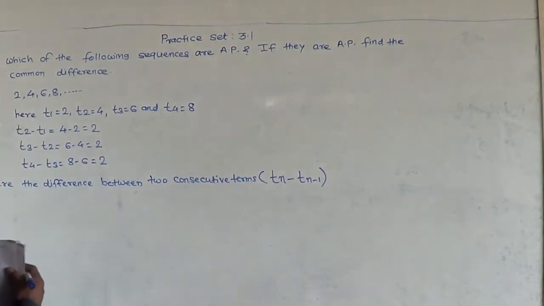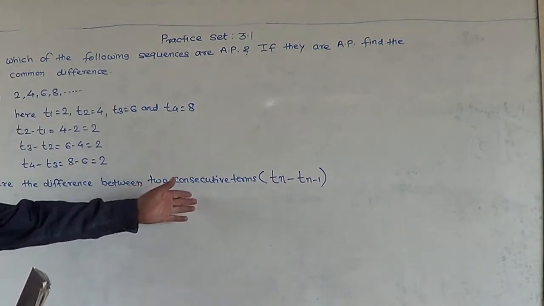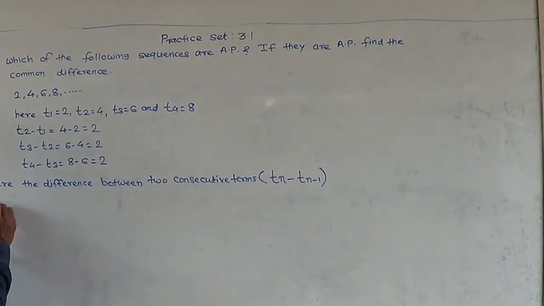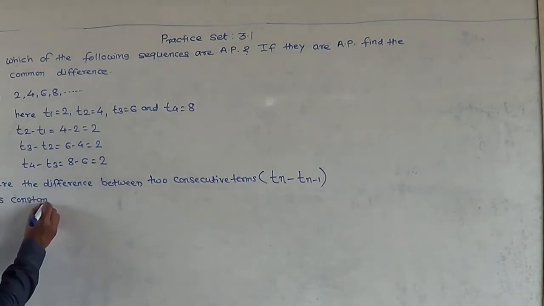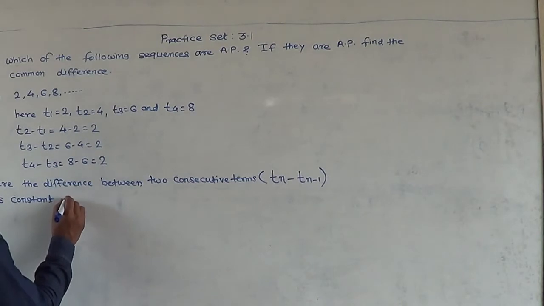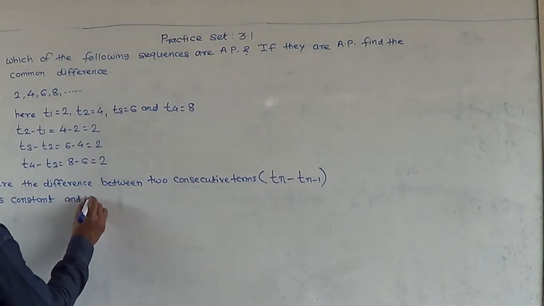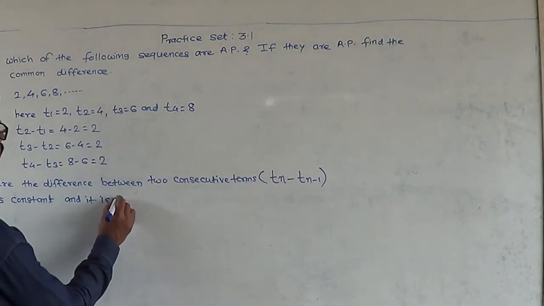The difference between nth term and Tn minus 1th term. So here the difference between two consecutive terms is constant and it is 2.